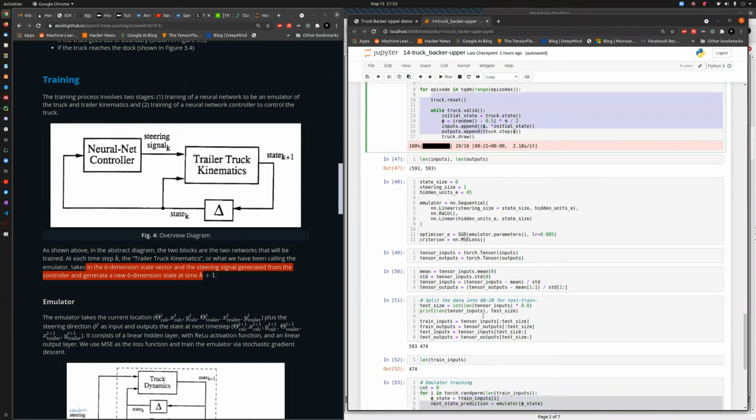We have an 80-20 train-test split here, and we have put this data set into the tensor inputs and the tensor outputs with this mean and standard deviation.